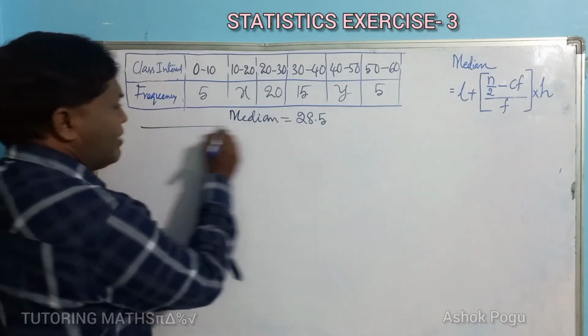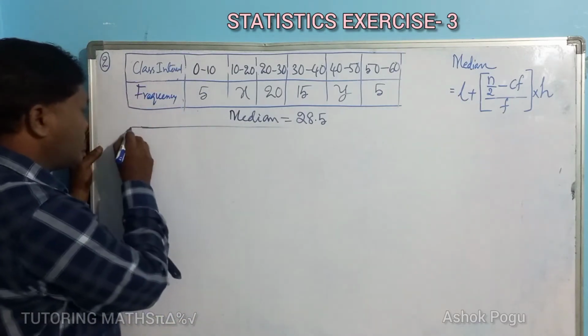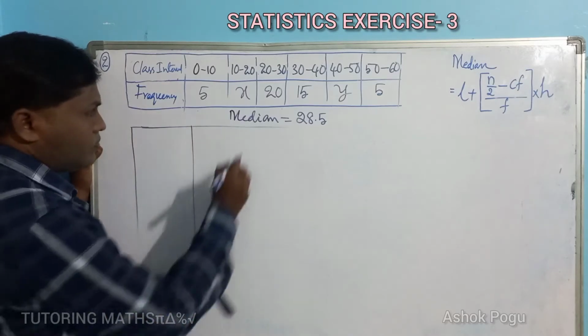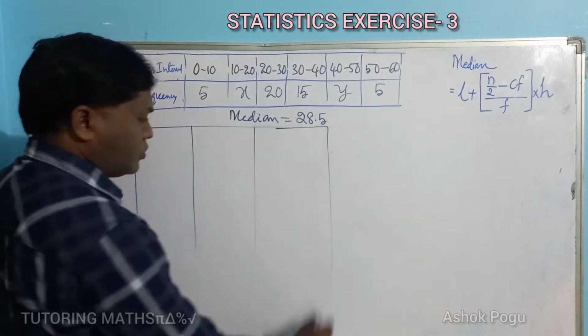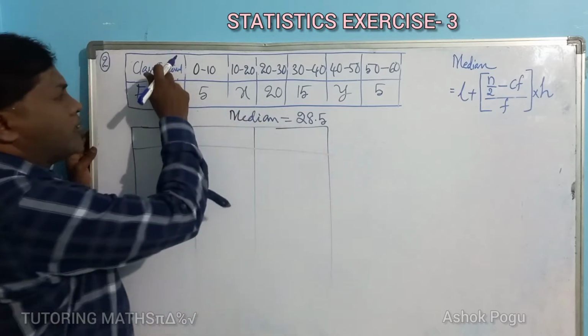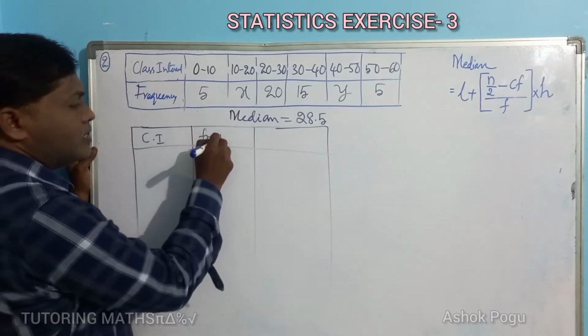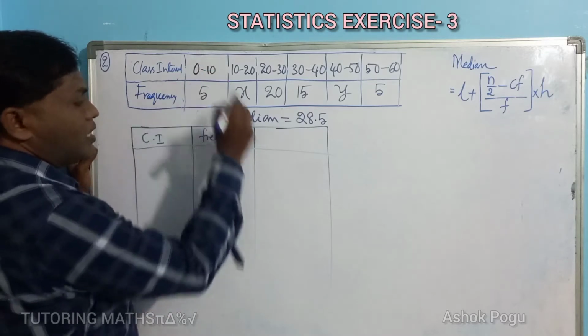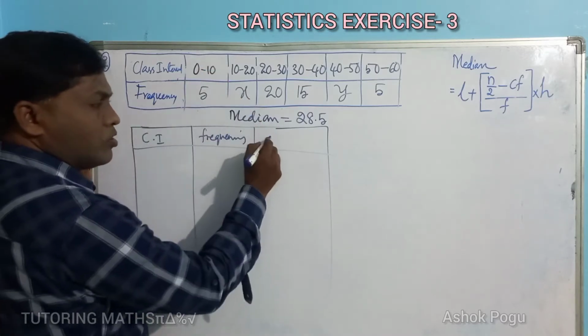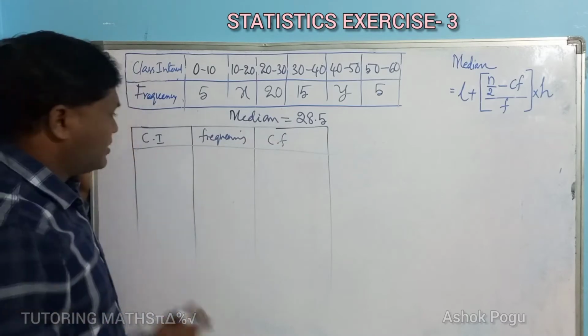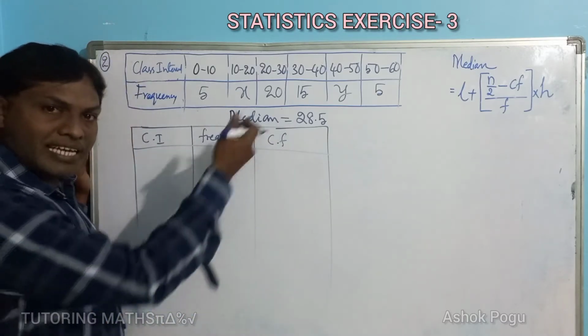Let us take the given data in columns first. Rows: class interval and frequencies. And next, you know that only one column is added in median, cumulative frequency.